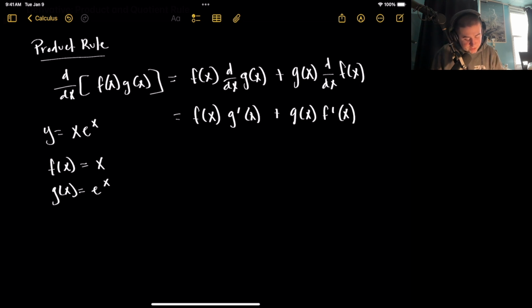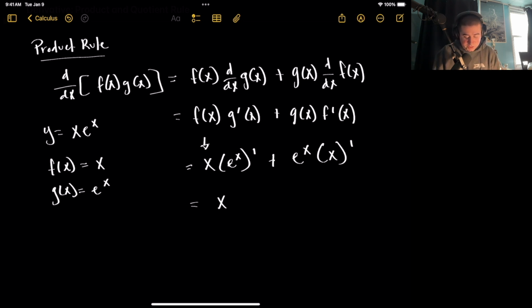So what we'll have now is that f of x is going to equal x times g prime of x, which is e to the power of x prime, plus g of x, which is e to the x, and then f prime of x is just x prime. And now we just take the derivative, and we're going to have x times e to the power of x prime, which is just e to the power of x, plus e to the power of x times x prime.